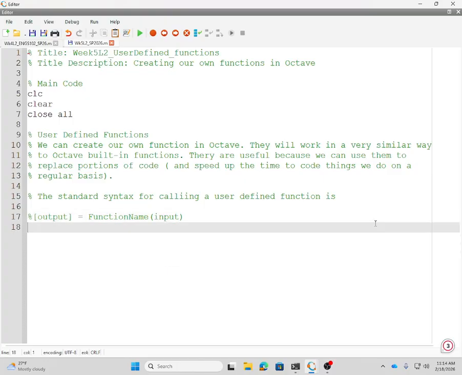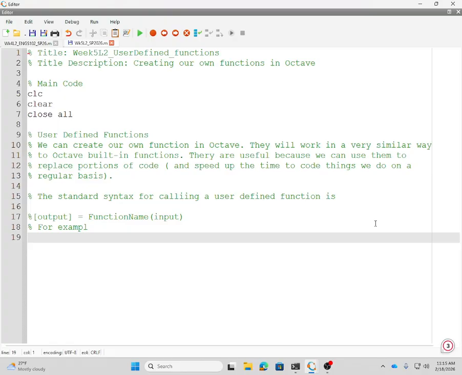So for example, let me give you an example. Say you have this answer is the output, equal sin d theta.